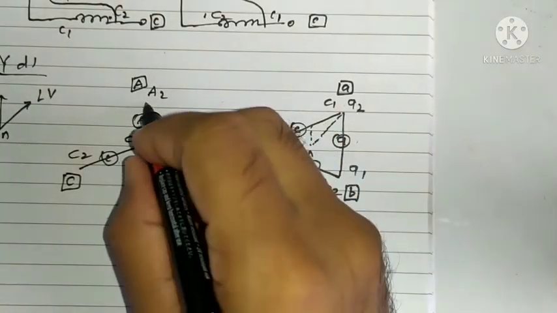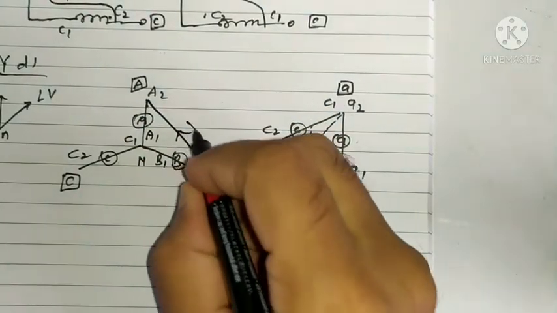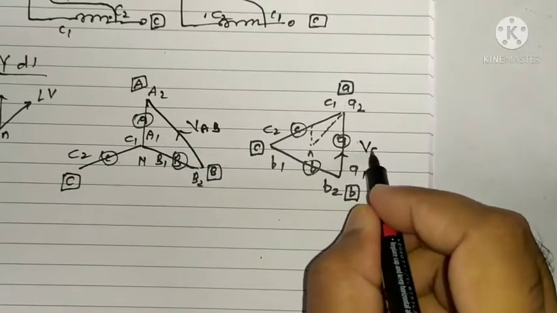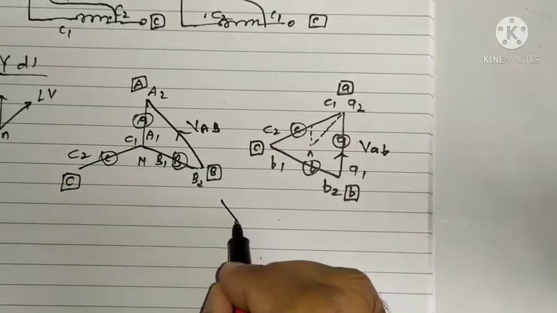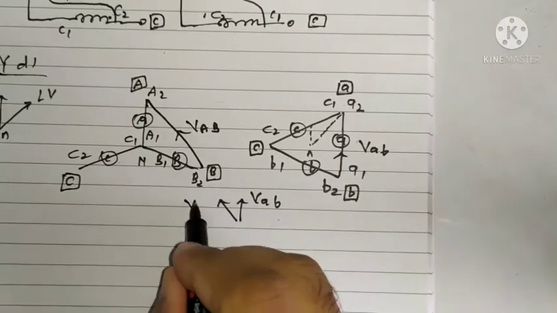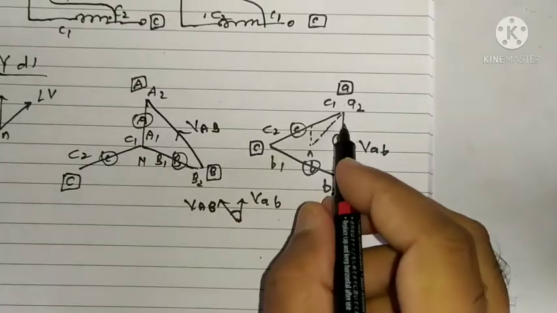Now VAB. So VAB is this voltage and VAB here is this one. So what we are seeing, VAB, this angle, it is at 12 o'clock, it is at 1 o'clock.